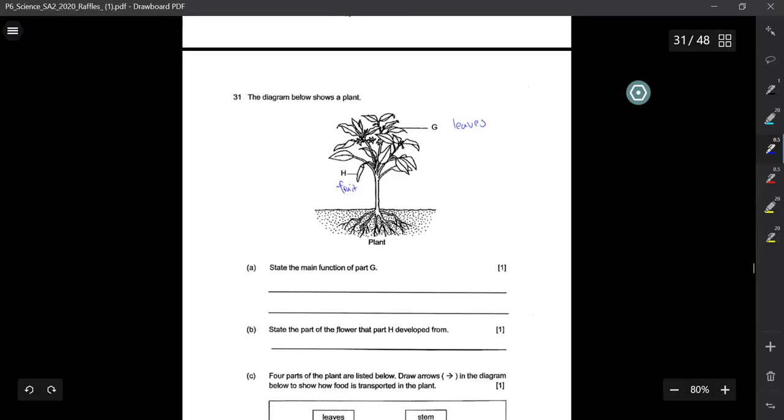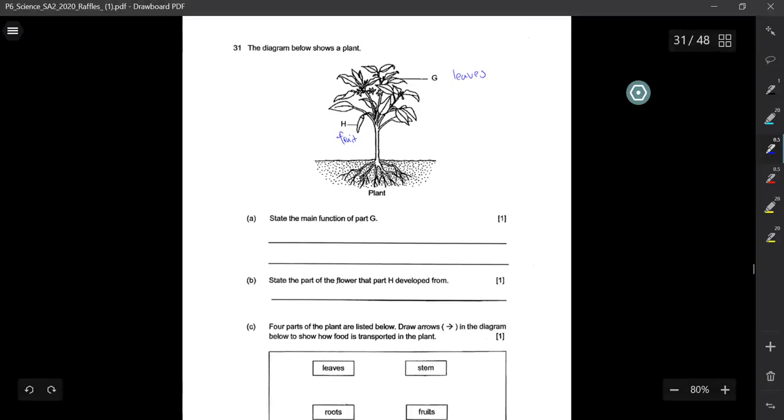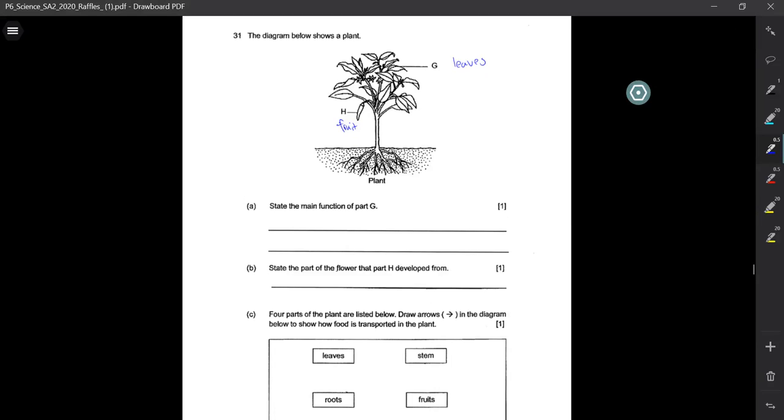So state the main function of part G. So part G is the leaves. So what we write here, we know what the leaves do, right? They do photosynthesis. So we can write photosynthesis.